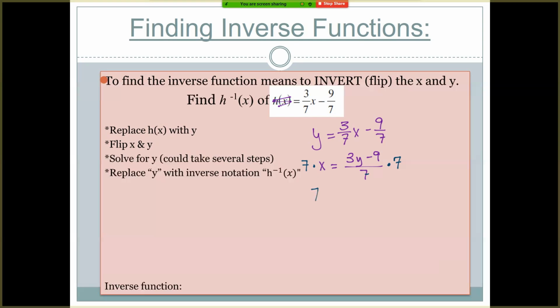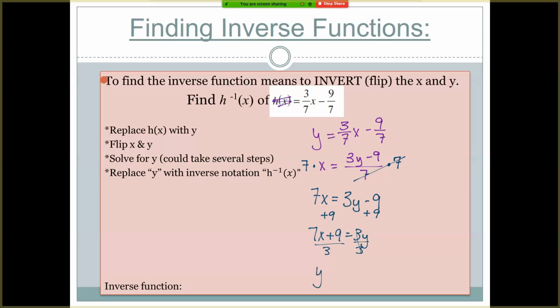So 7x equals, the 7's here cancel, so 3y minus 9. Now I want to solve for y, so add 9 to both sides. So 7x plus 9 equals 3y. Then we're going to divide by 3.